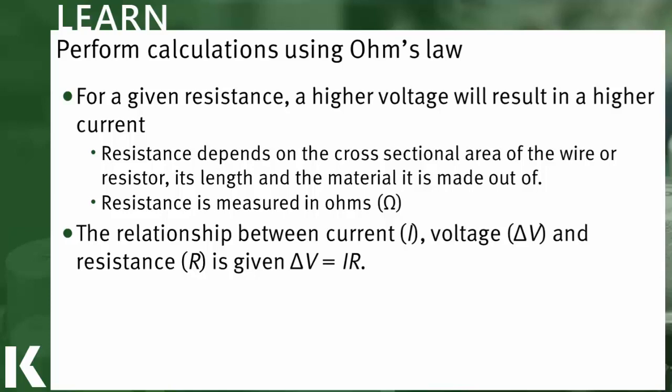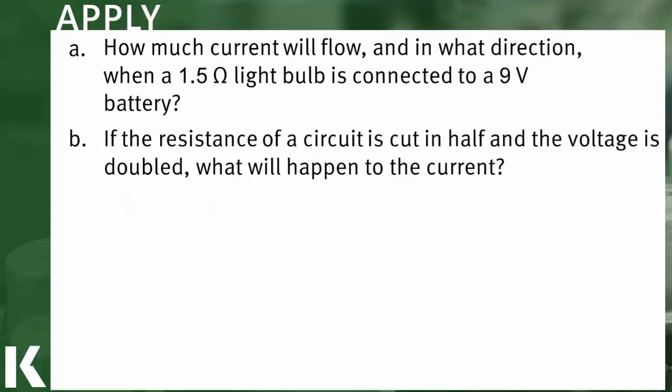Let's apply this to a couple of practice questions. A says how much current will flow and in what direction when a 1.5 ohm light bulb is connected to a 9 volt battery. We have delta V equals IR. We have a 9 volt battery, 1.5 ohms of resistance.